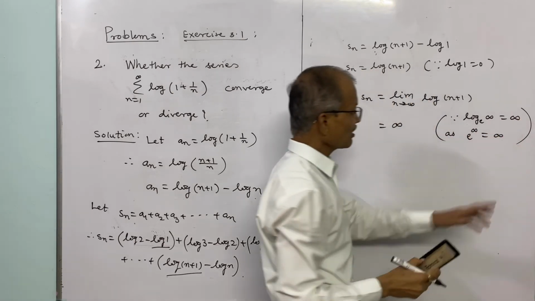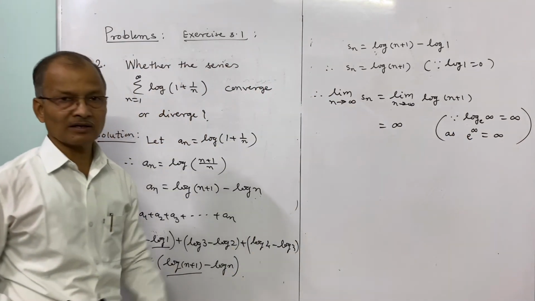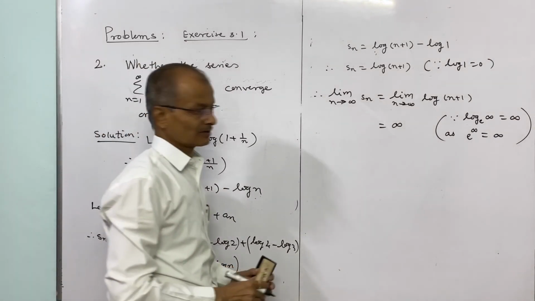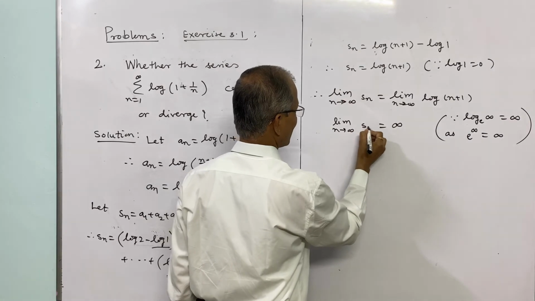So log infinity to the base e is again infinity, and thus the limit of Sn is infinity, meaning Sn diverges, and this shows that the series also diverges.